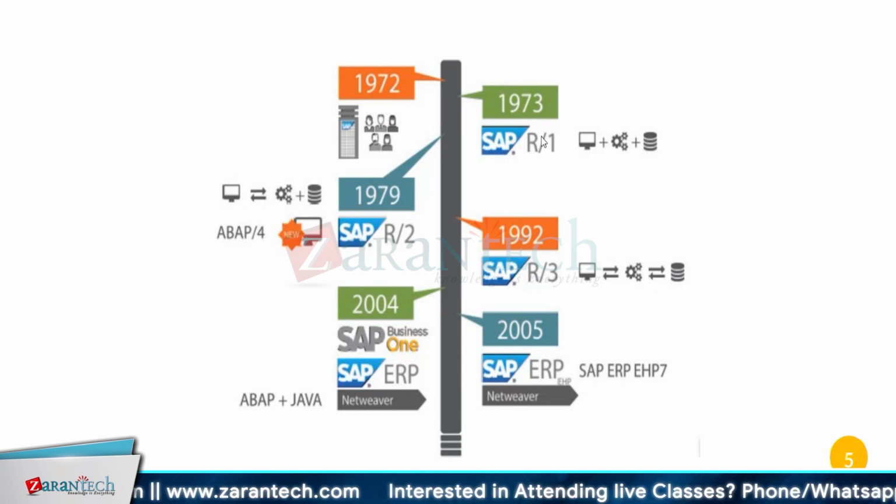Mainframe is like when the companies were big, they had their own infrastructure, the data center, and they had to make sure that it is secured and put in place. So that was about the mainframe where the R2 was based. And it also provided SAP the entry into the international markets in 1979.